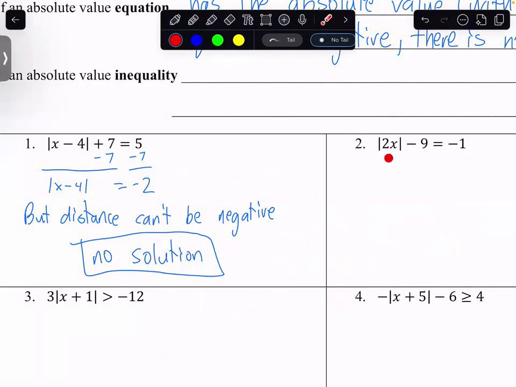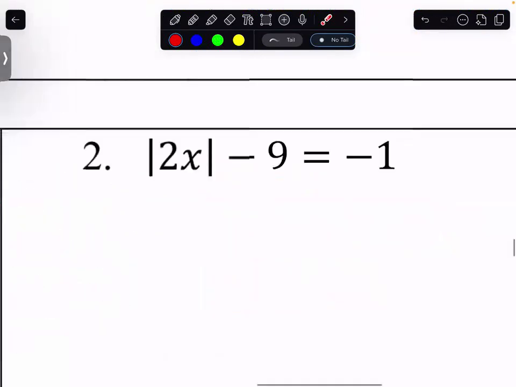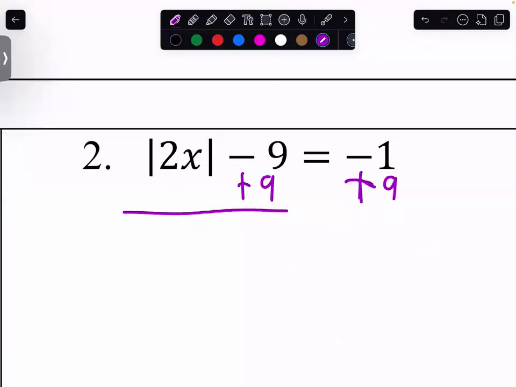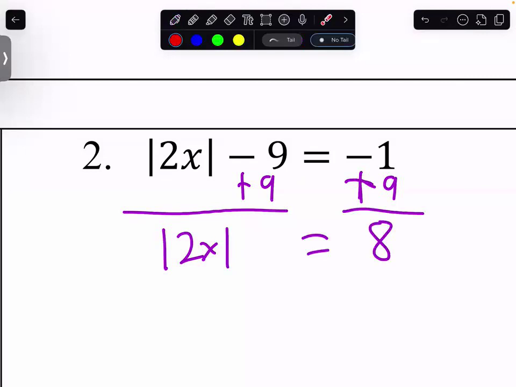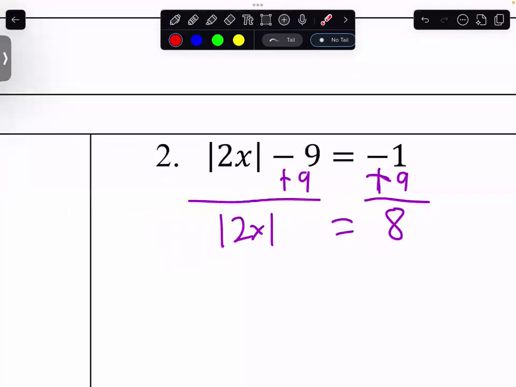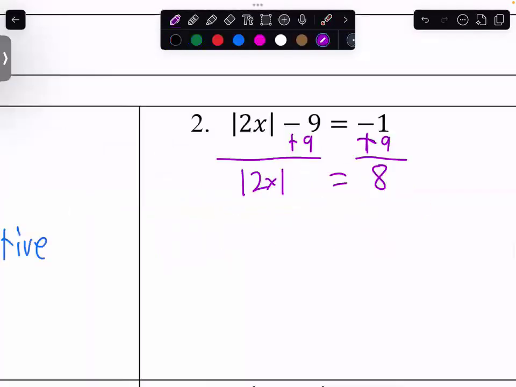Okay, because once you undo the -9, now the other side is positive, which is okay. Distance can be positive. So this one will have solutions, right? The inside could equal 8 directly, or the inside could equal the opposite, -8.